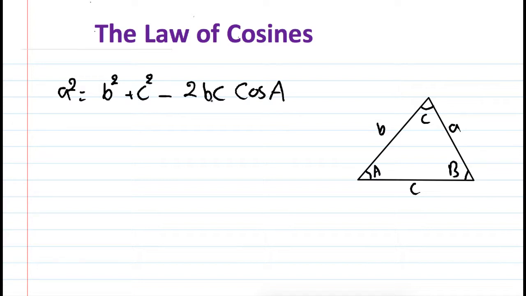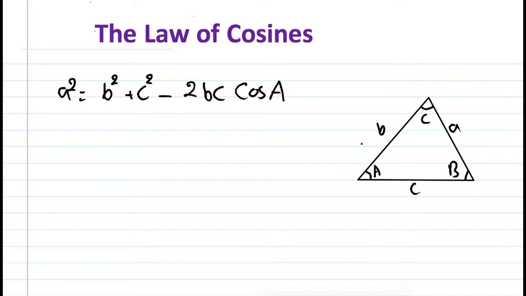So A squared, this side squared, equals B squared, this side, added to C squared, this side, minus 2 times this side times this side, times cosine of the angle that is opposite to whatever I have on the other side of the equation.